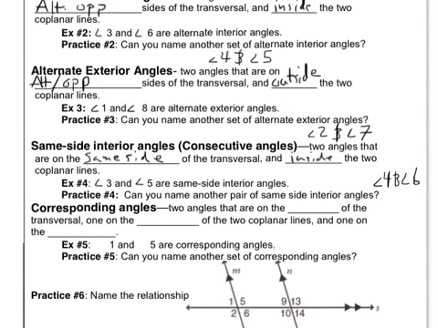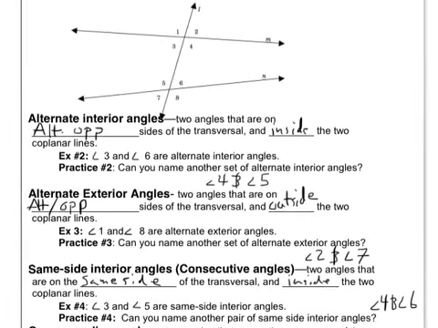All right, last one is corresponding. And corresponding is kind of nice because corresponding starts with the letters COR. What also starts with the first three letters COR is corner. And corresponding angles are always in the same corner. So let's take a look up here.